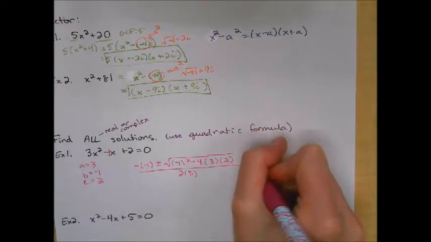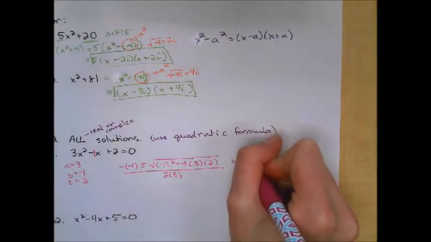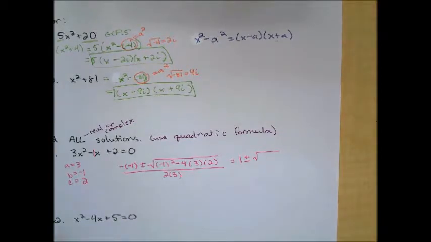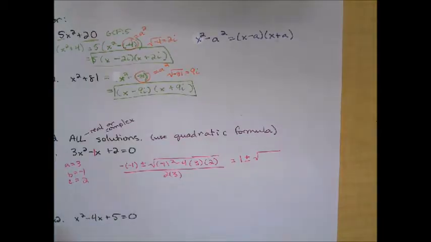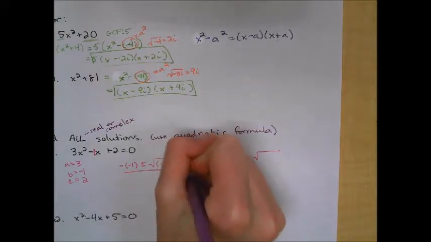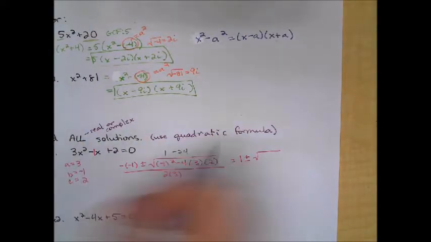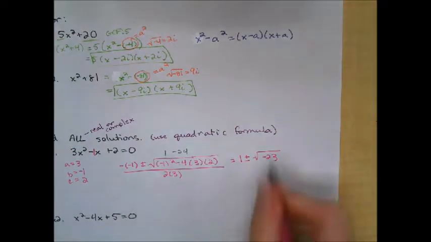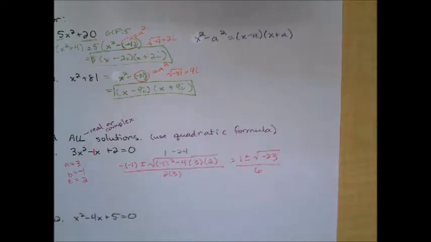Let's simplify this. 1 plus or minus the square root of 1, negative 4 times 3 is negative 12, times 2 is negative 24. I have negative 23 all over 6.